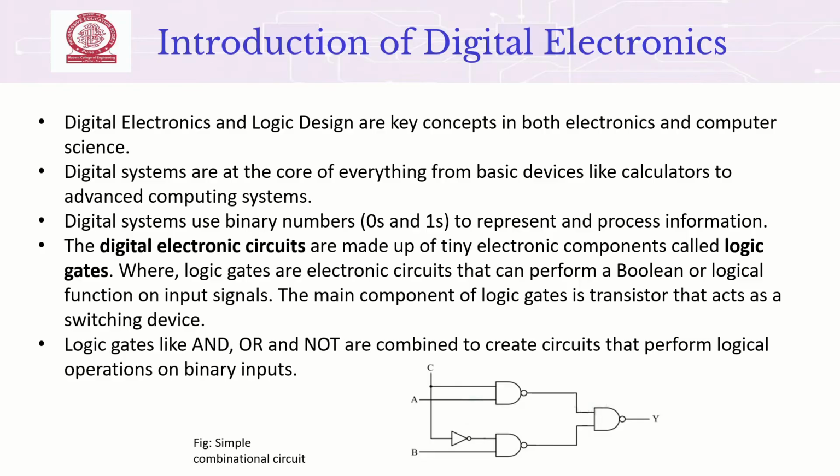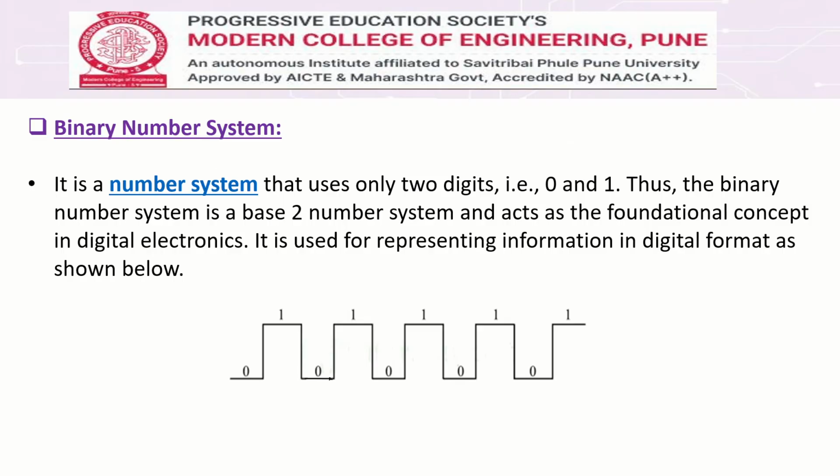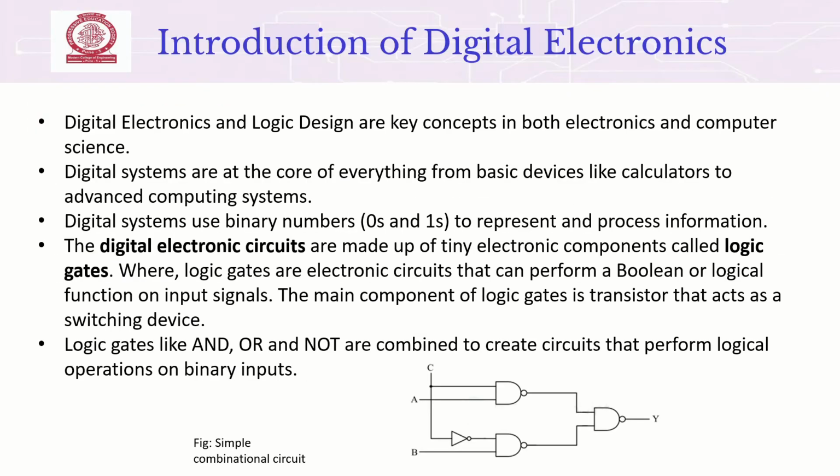One more thing: before designing or constructing a digital electronic circuit, a designer or an engineer tries to minimize the logic redundancy, so the circuit becomes simpler, uses fewer components and becomes cost effective.